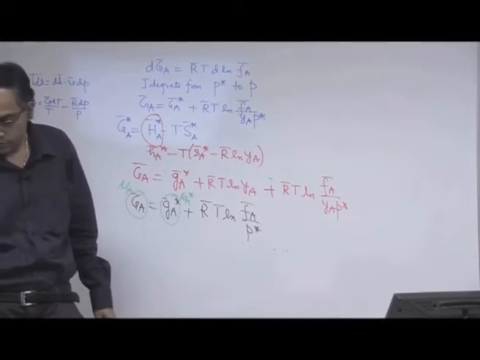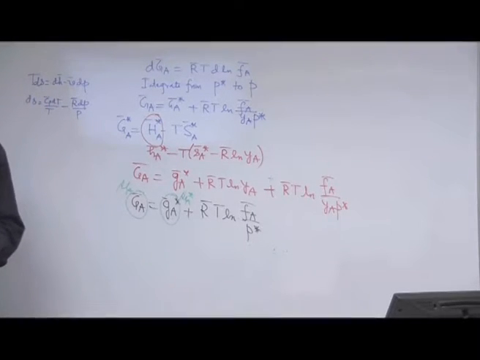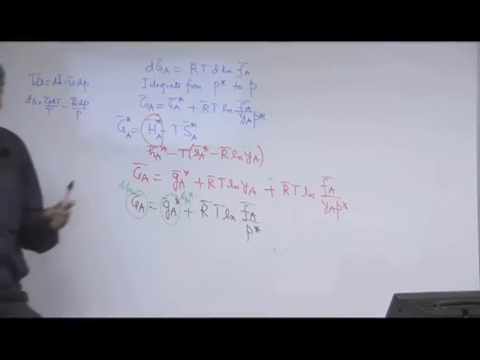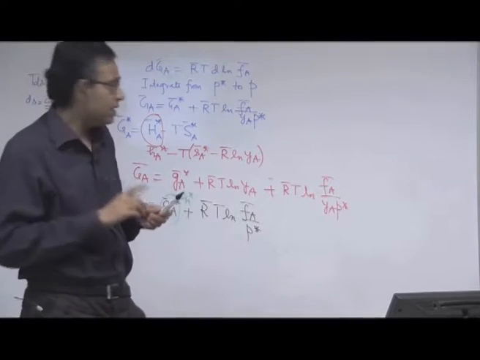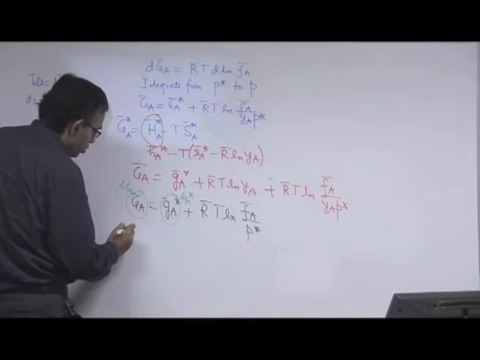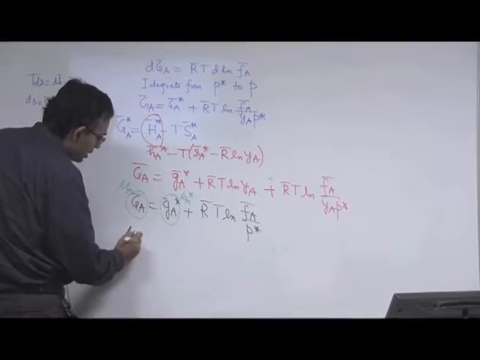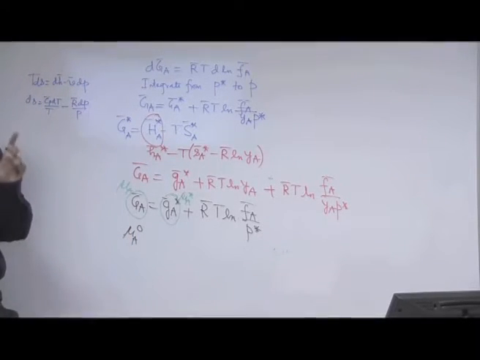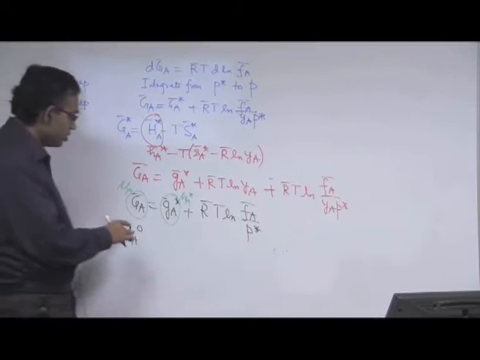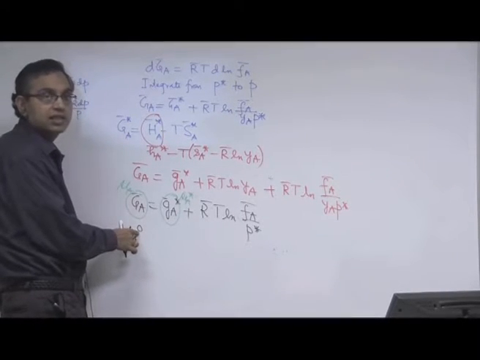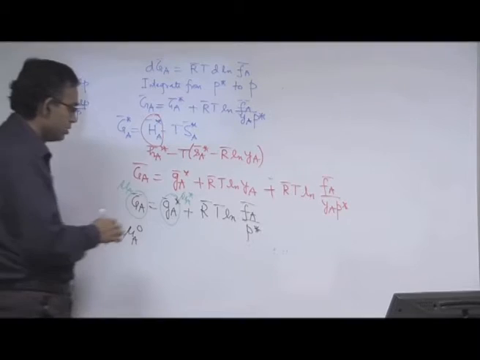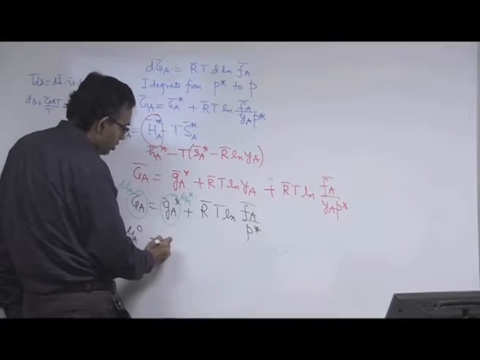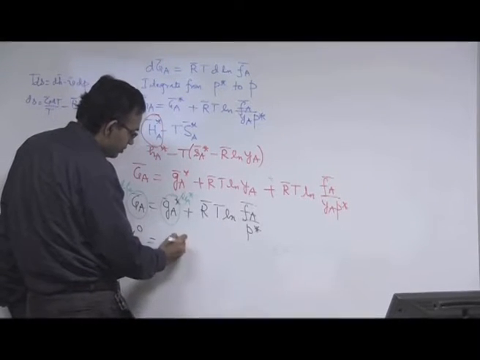Now we refer to a state which is called the standard state. The standard state will be designated by the superscript 0, which is a reference state. Some reference state we call as standard state. So 0 superscript means standard state. So mu A0 is equal to mu A star.